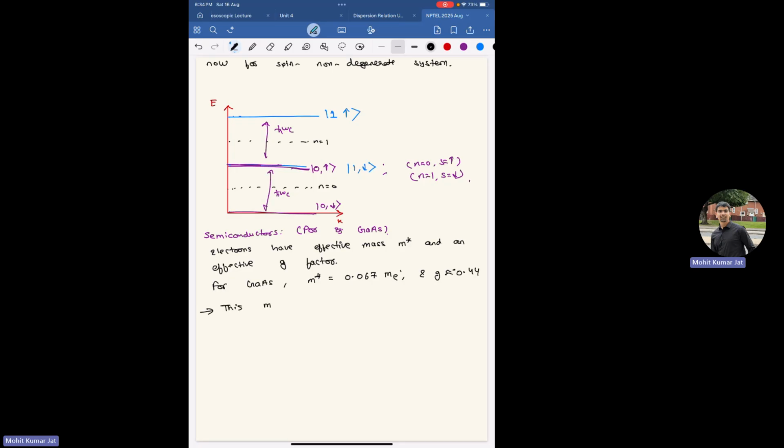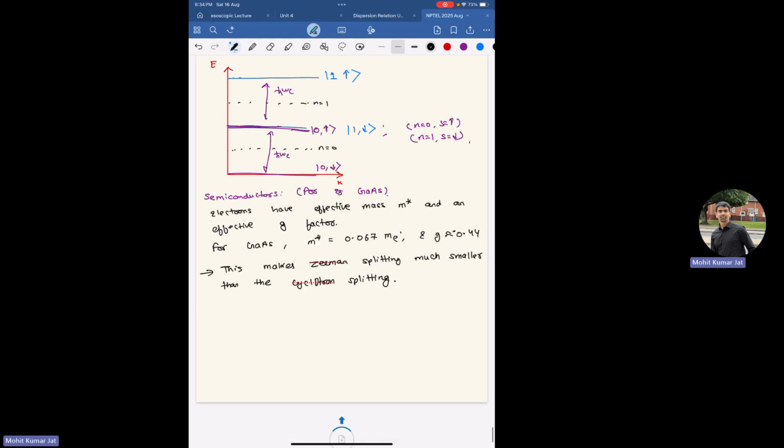This makes the Zeeman splitting much smaller than the cyclotron splitting. Tens of times smaller.